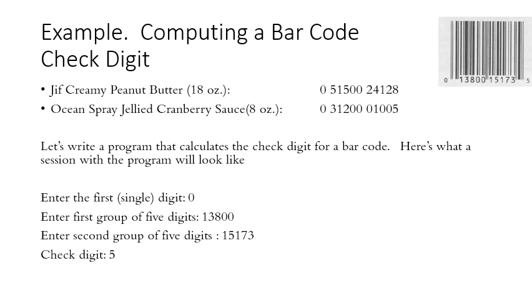We first let the user enter the first digit, then the first group of 5 digits, and then the second group of 5 digits. After the user enters these three, your program will show the computed check digit.